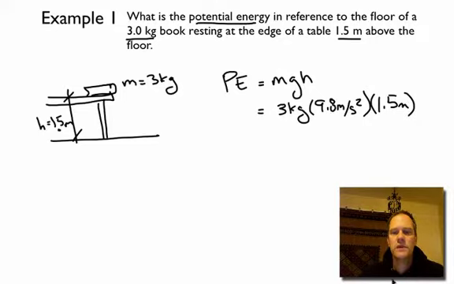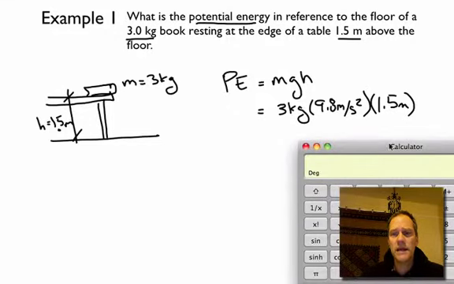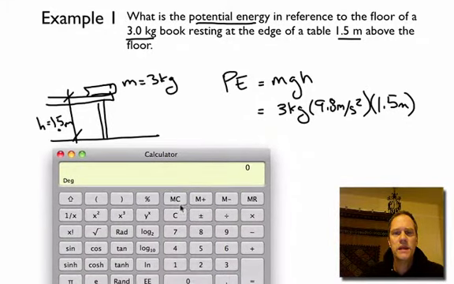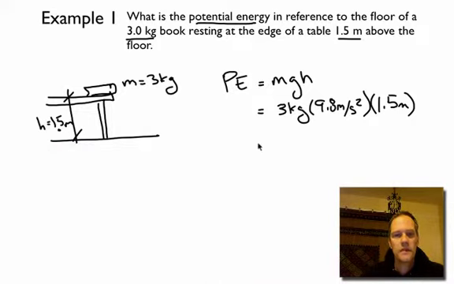If we put that into our calculator, we have 3 times 9.8 times 1.5, and that gives us 44.1 joules. So potential energy is 44.1 joules of energy.